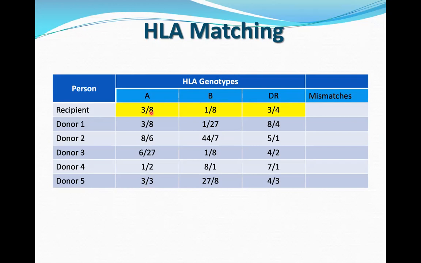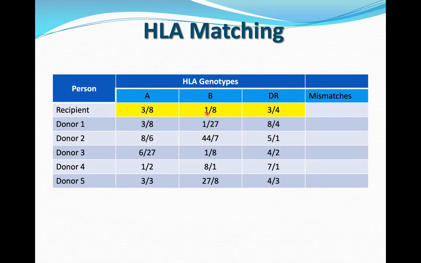So in this example, we have a recipient whose HLA genotype consists of HLA-A, where you have allele 3 and allele 8, HLA-B, where you have allele 1 and allele 8, and DR allele 3 and allele 4. What you want to do is match up those alleles with the potential donors, to get as close a match as you can.